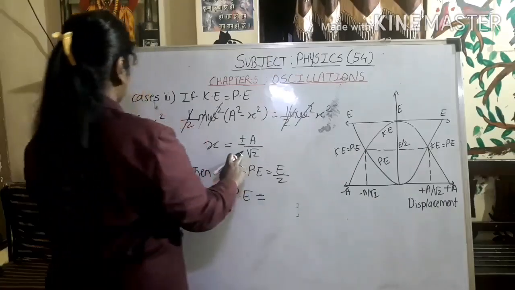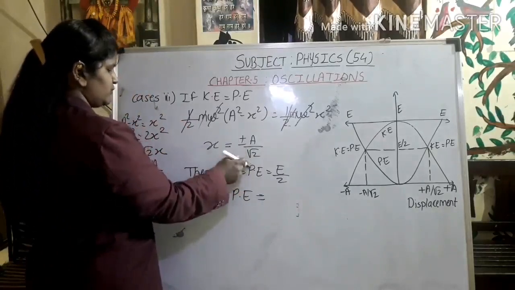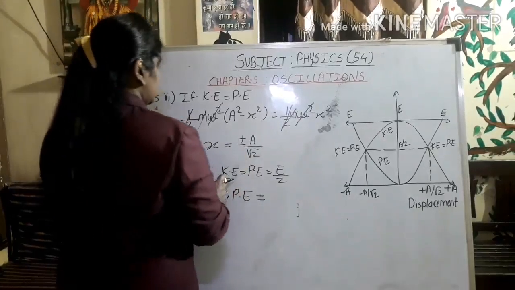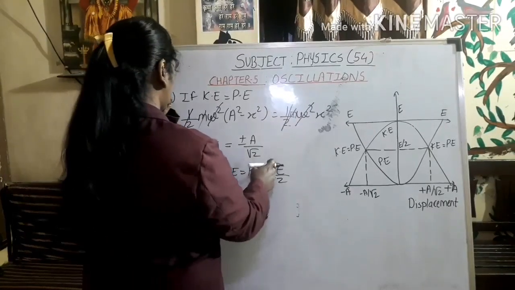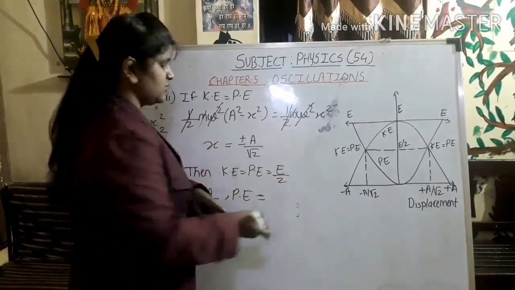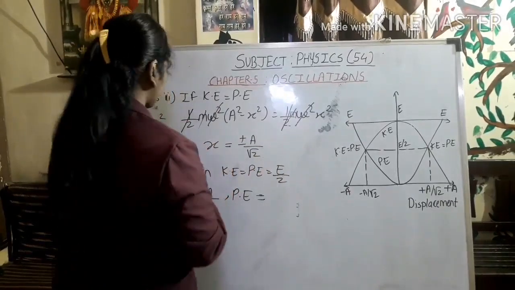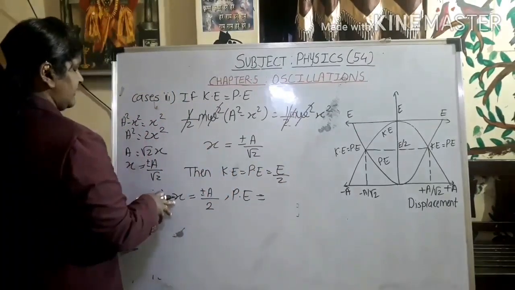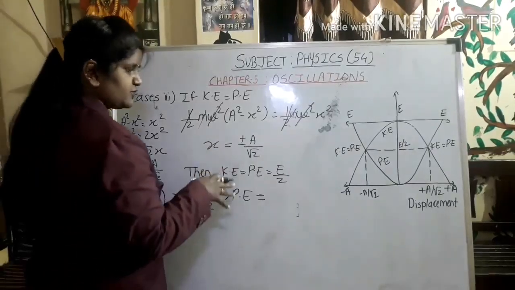So this is how I got x as plus minus a divided by root 2. Then if I put this value, kinetic energy and potential energy are both equal, and it is denoted by E only, so I will get the value as E by 2. Then I took x as plus minus a by 2, half of the amplitude.